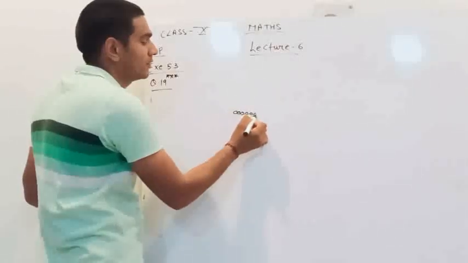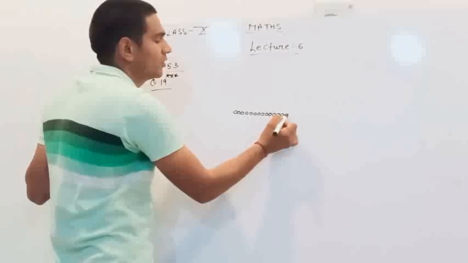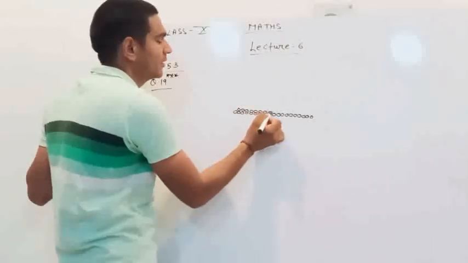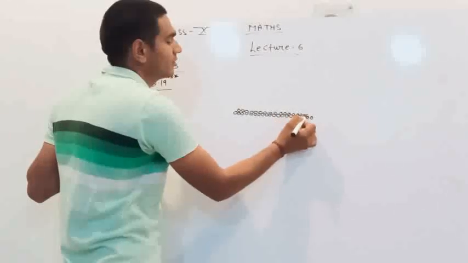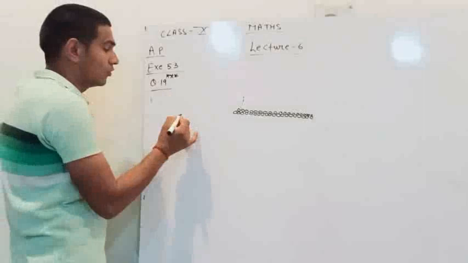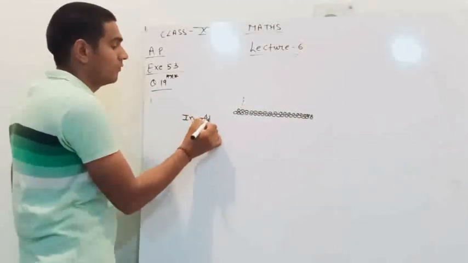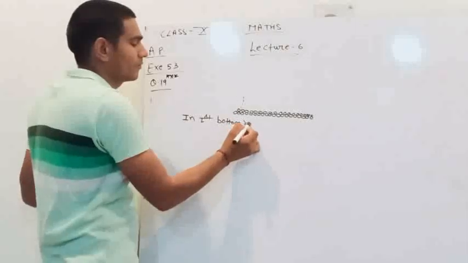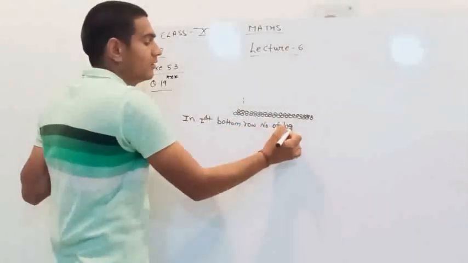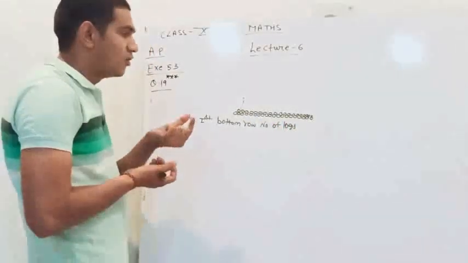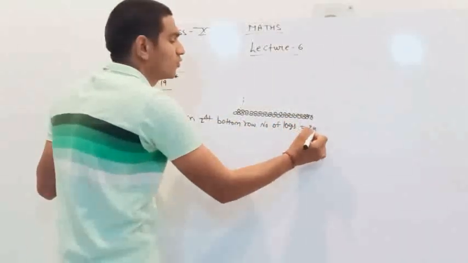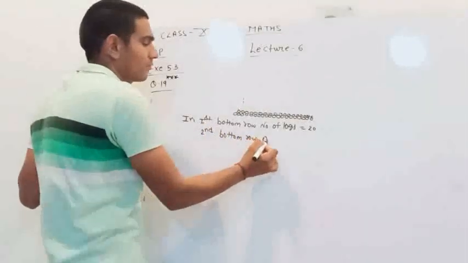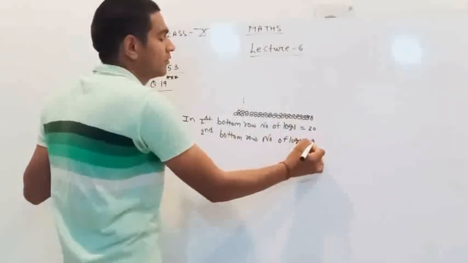In the bottom row, the number of logs, meaning wooden sticks, is equal to 20. Then in the second row from the bottom, the number of logs is equal to 19, and so on.